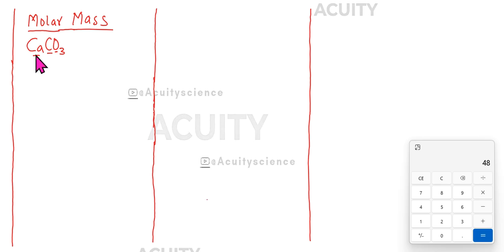What you want to do is identify the masses of each of these atoms, that's their atomic masses, and then just add them in the exact number of times that they are present. It means calcium just one, carbon just one, oxygen add its mass 3 times.